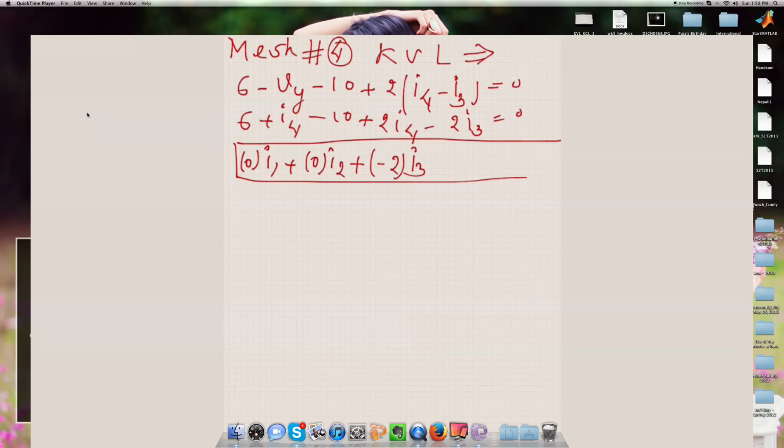What else? Then we have plus the 2I4, I4. So that's 3I4. So 3I4 equals, when we move the 6 minus 10 is minus 4, and if we move to the right side, it's a plus 4. There you go. That's the last box.